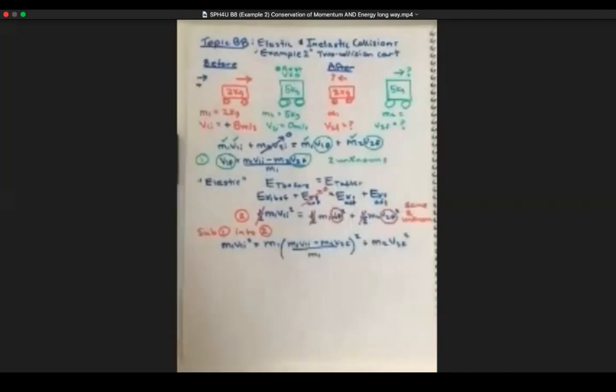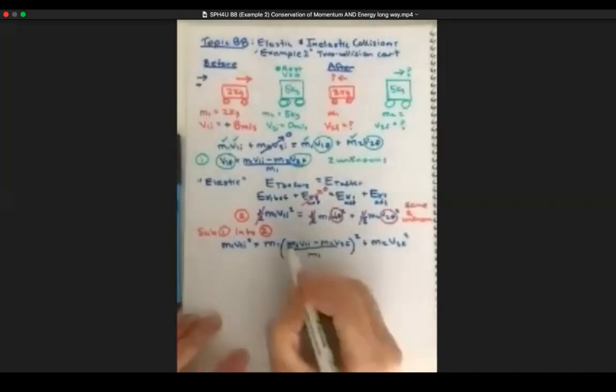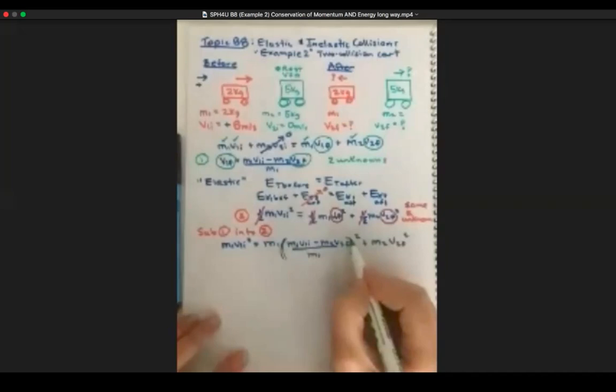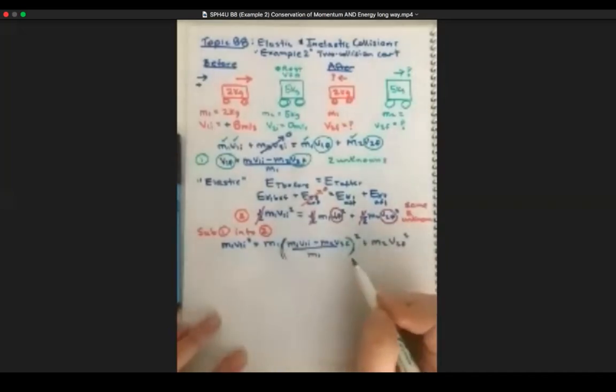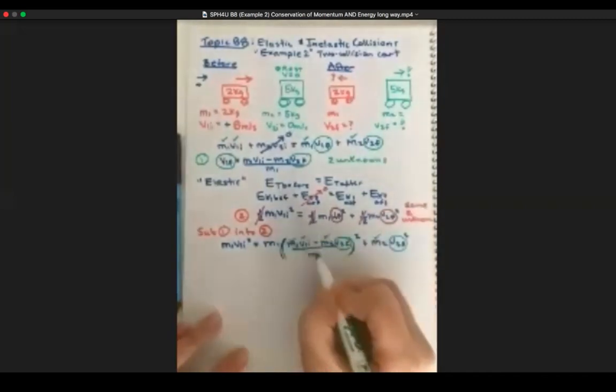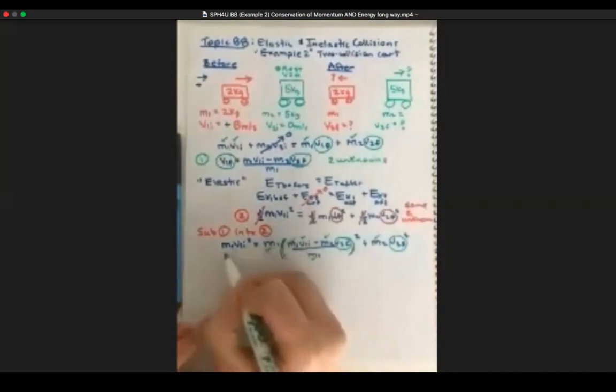So why are we making that substitution? We've eliminated v1f, which is not known, and we only have v2f that is not known. Everything else in this equation we have.